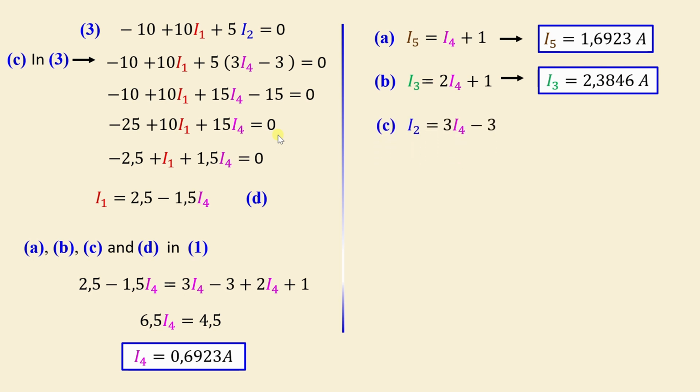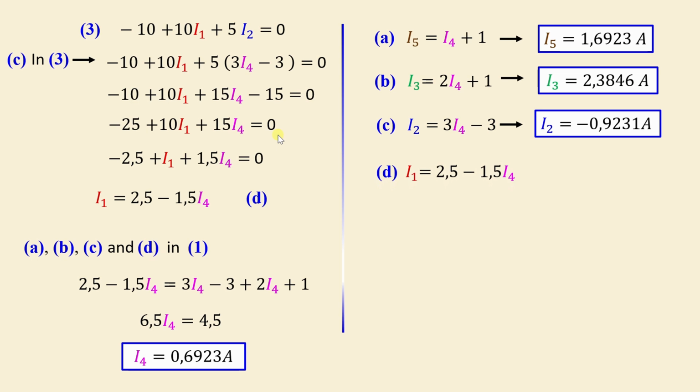And C gives us I2 is 3 I4 minus 3, that means I2 is negative 0.9231 amps. And D gives us I1 is equal to 2.5 minus 1.5 I4, that means I1 is 1.4615 amps.